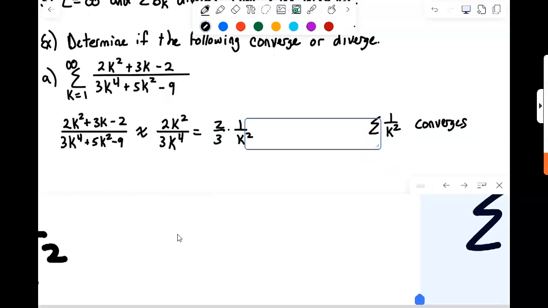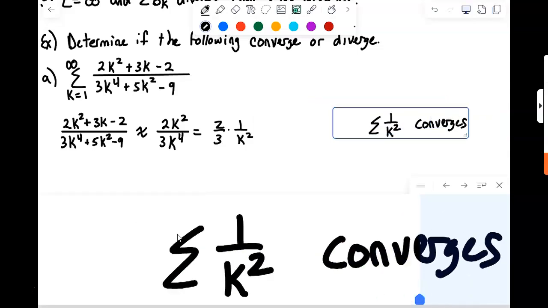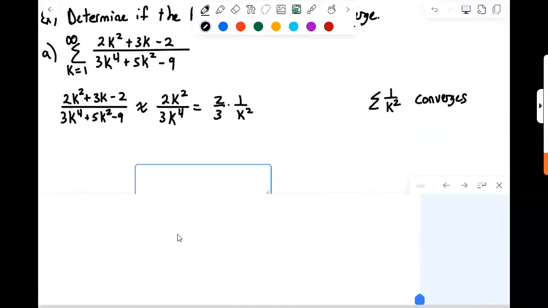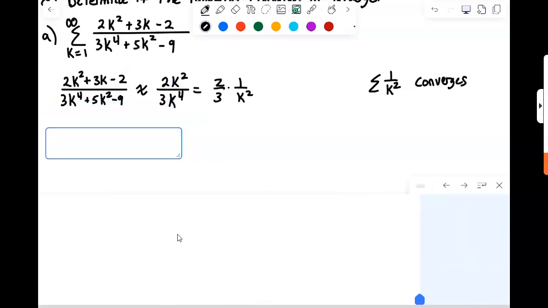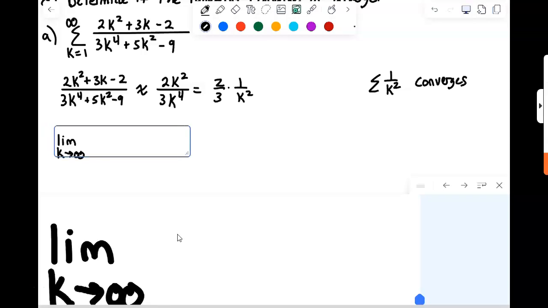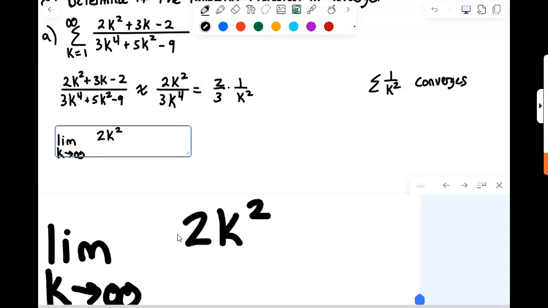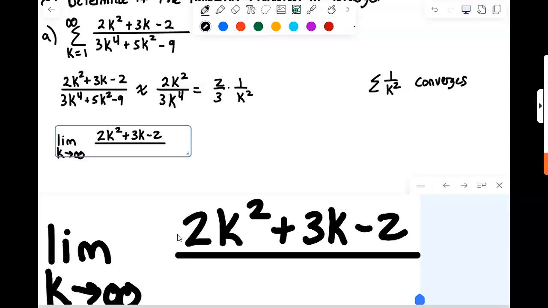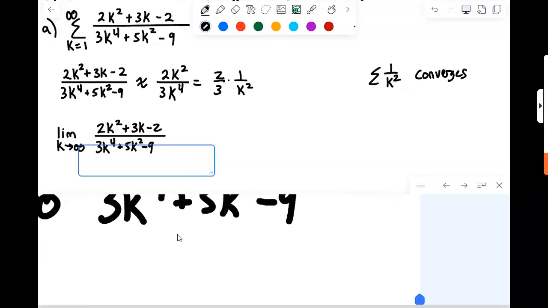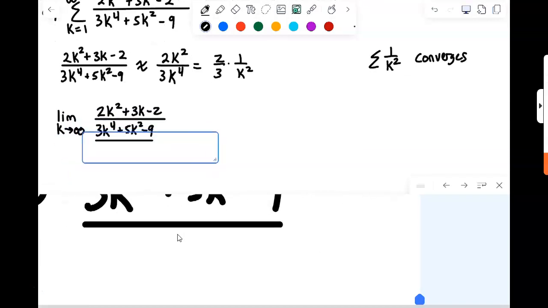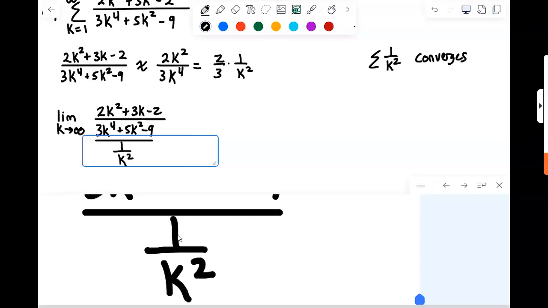Now that we've decided to compare it to 1 over k squared, we take the limit of the one sequence divided by the other. So, the limit as k goes to infinity of 2k squared plus 3k minus 2 over 3k to the fourth plus 5k squared minus 9, all divided by our b_k sequence, which is 1 over k squared.